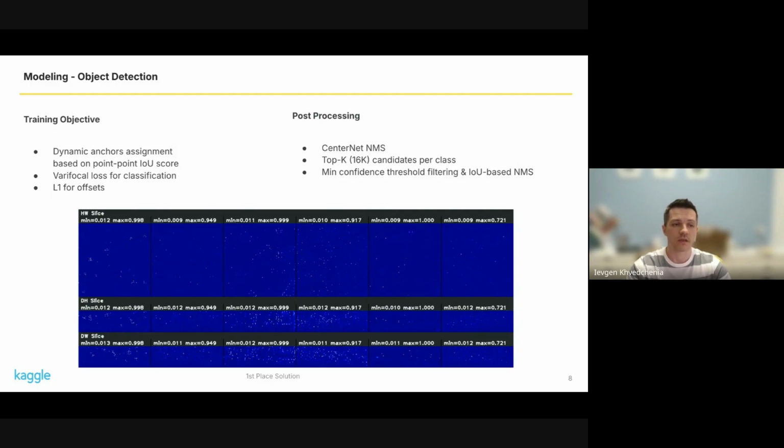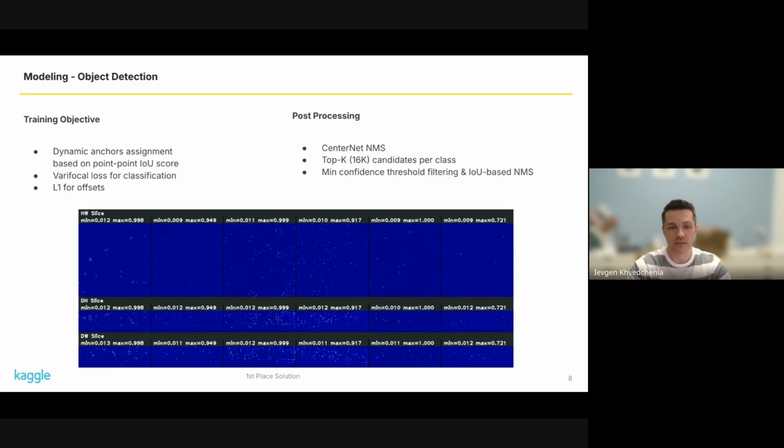Then we use the varifocal loss to train the classification head. This gives a class map that looks really similar to the segmentation predictions from Christoph. Essentially, we predict just the point where the center of each particle is.